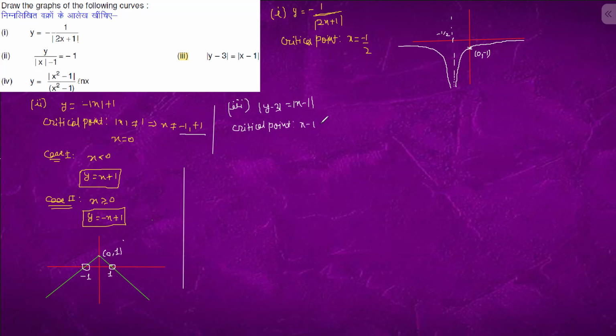It is x minus 1 equals to 0, which is x equals to 1. So we'll take two cases. Case 1, x less than 1. We have y minus 3 equals to minus x plus 1. And case 2, x bigger than or equals to 1. It is y minus 3 equals to x minus 1.